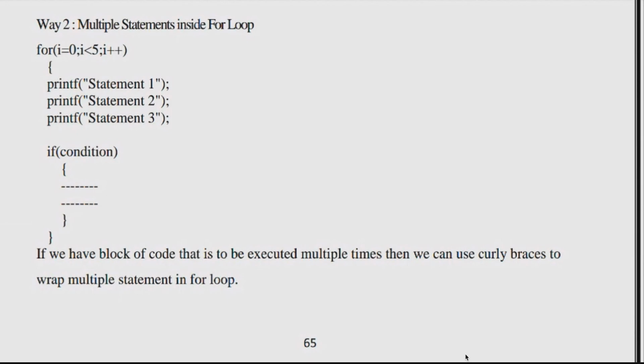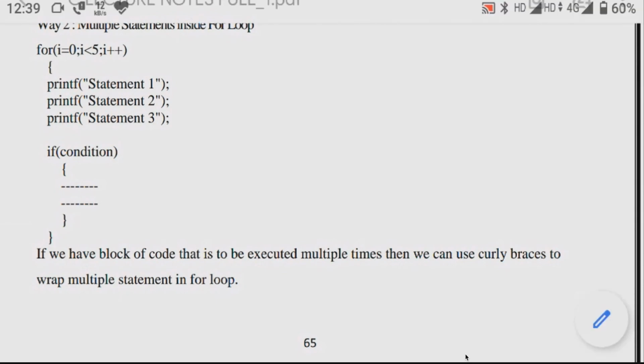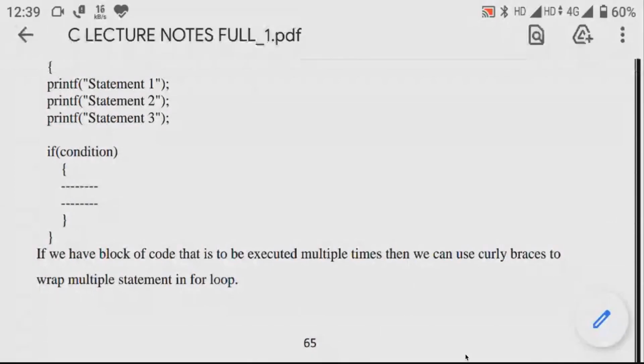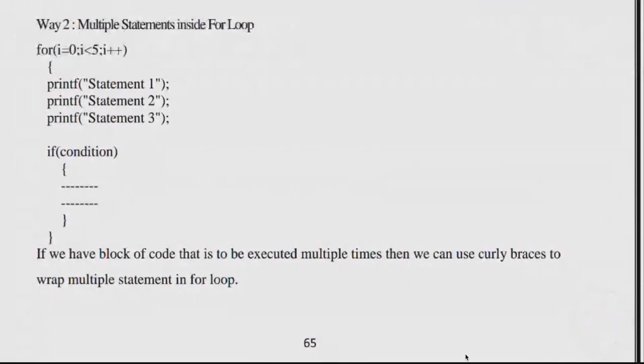Once it enters into the for loop, it executes the printf first statement, second statement, third statement is also over. Again, we put one condition under the for loop. Yes, you can write it, no problem. So in a for loop, I can write one more for loop, depending upon your requirement.